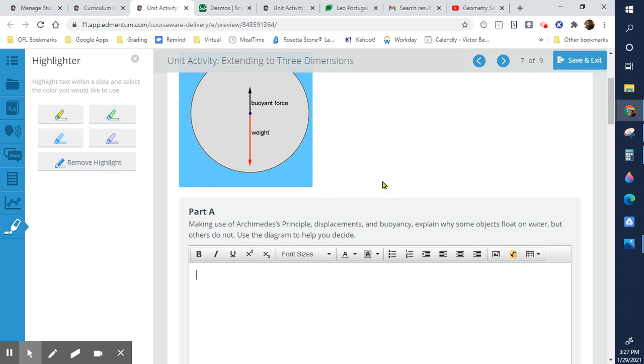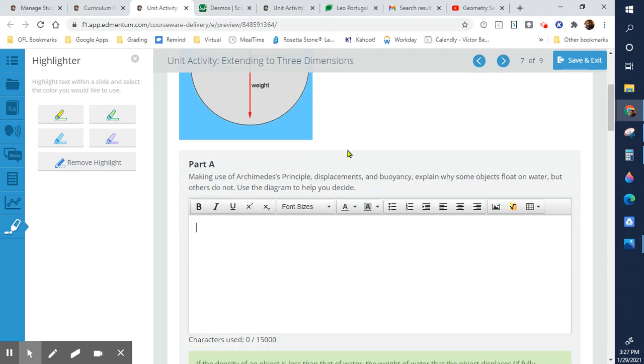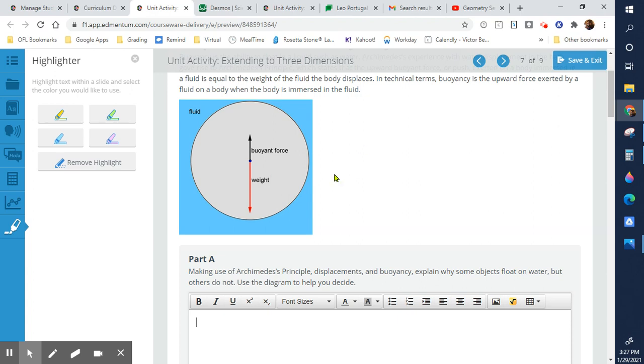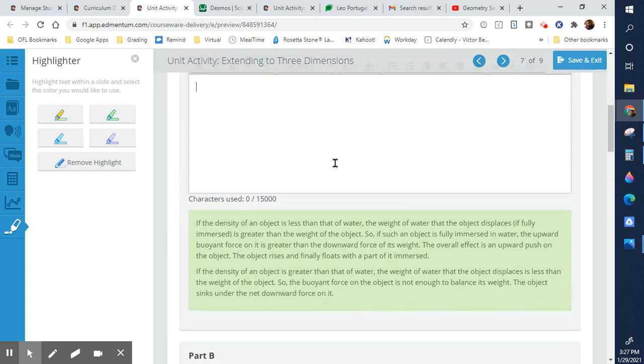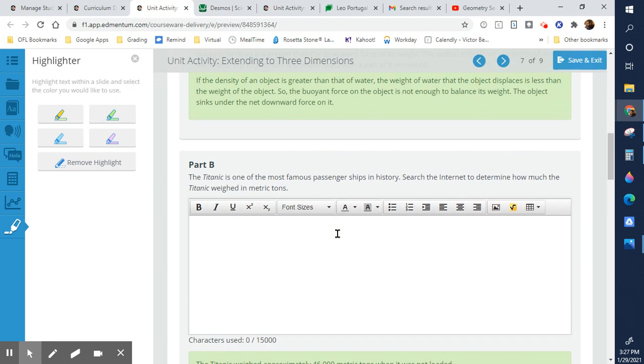If something is less dense than water, it ends up floating. If there's not enough density, it ends up not floating. Read the story, it builds on this.